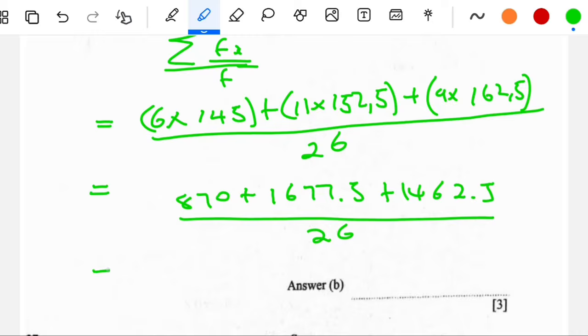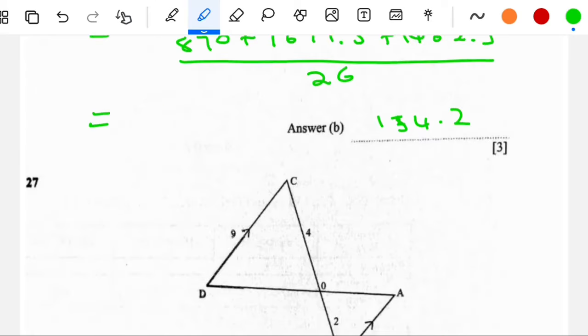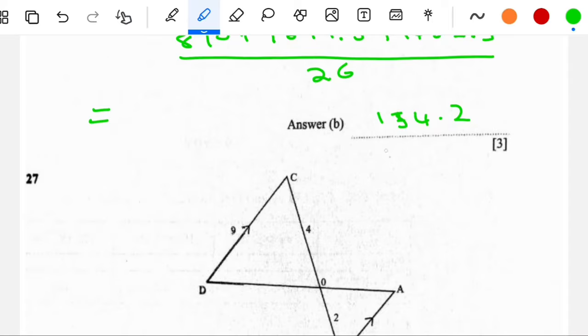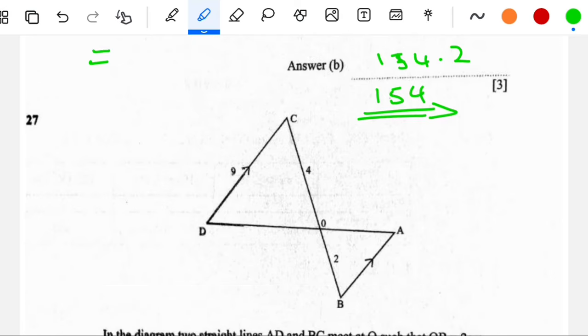Then I'm going to continue my calculations on the side and I'm going to get my answer as 154.2, but I'm supposed to leave my answer to 3 significant figures, which is going to be 154 as my answer.